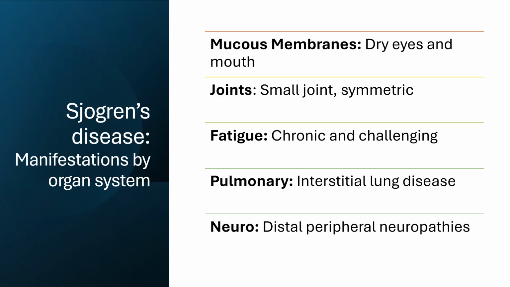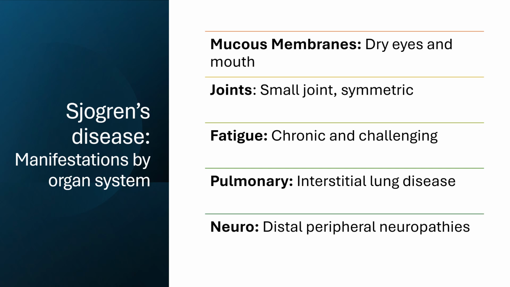Sjogren's disease also will cause an inflammatory arthritis. It also tends to be small joint and symmetric, and again, is very difficult to distinguish from something like lupus. Sjogren's disease often has fatigue as a major feature, and this can be one of the primary complaints for many patients with Sjogren's disease.